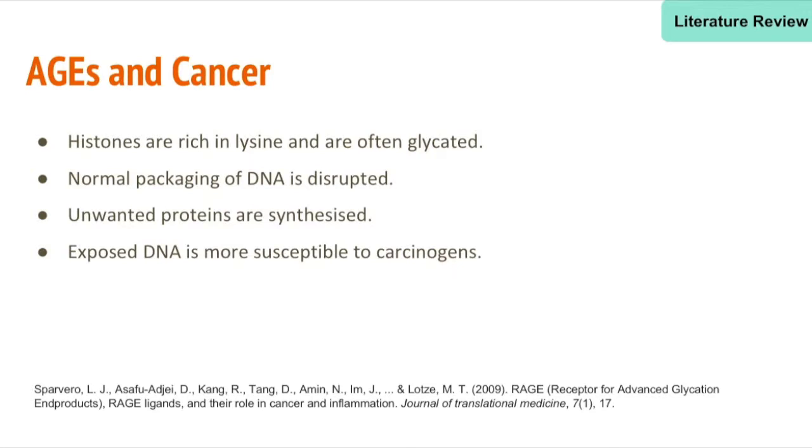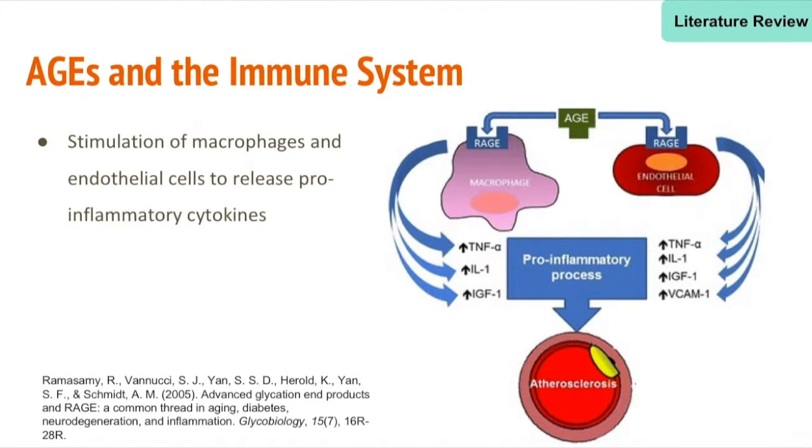Moreover, DNA that is not tightly bound to histones is more susceptible to carcinogens, leading to an increased risk of mutations to our genes. This can drive the progression of cancer if the cells have acquired the necessary mutations for them to become cancerous.